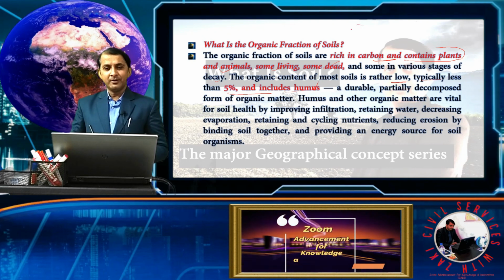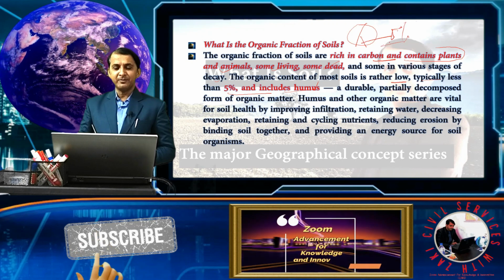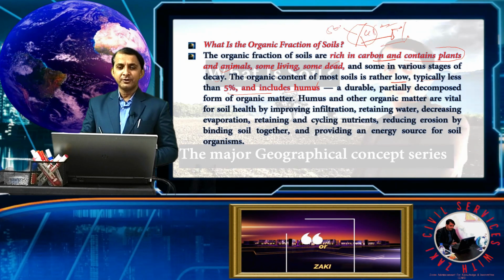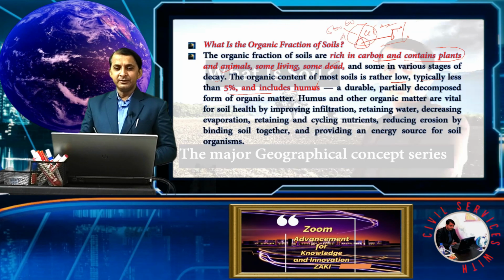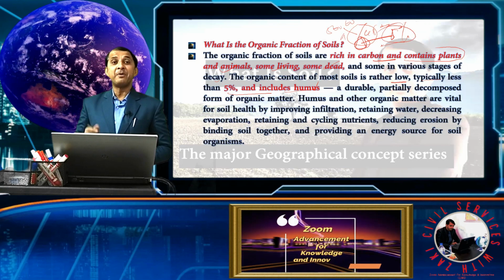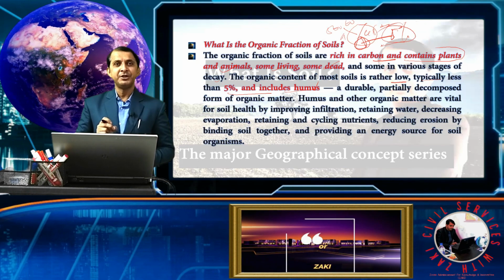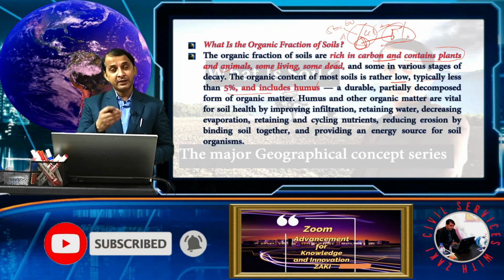As you know, only 5% is organic material, 45% is minerals, and 50% is pore space, whether water and air. So this is only 5%, but it is very significant for the soil productivity and the health of the soils.